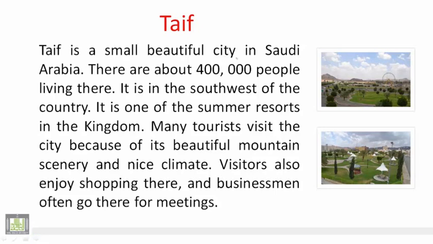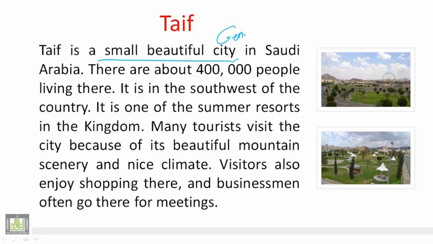For example, is a small beautiful city. This is a general type of information because we have a lot of small beautiful cities in Saudi Arabia.